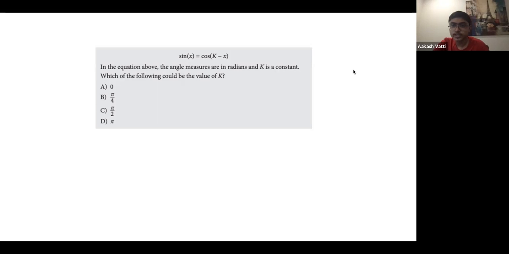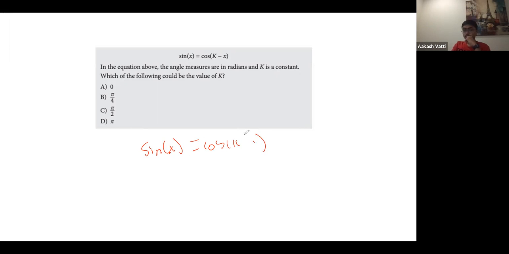Seems like everyone who's answered it has got it right. Does anyone want me to explain it? Right, looks like some people have actually got that. Some people got that wrong. So I'll explain it then. For this question, the complementary angle relationship for sine and cosine implies that sine of x equals cosine of k minus x, right?